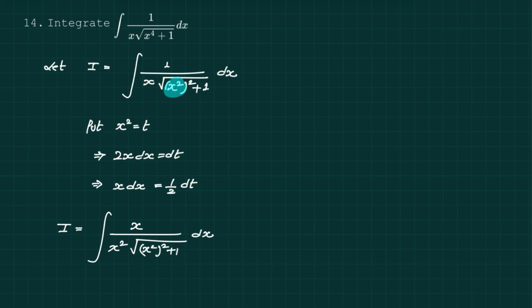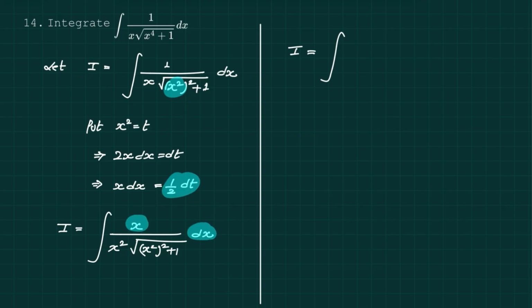Now let us substitute the values, then I equals the integration of x dx is 1 by 2 dt. So here let me write 1 by 2 at front, and dt in the numerator, divided by, since we have assumed x square to be t, so instead of this x square we will write t, so then it will be t into square root of t square plus 1.